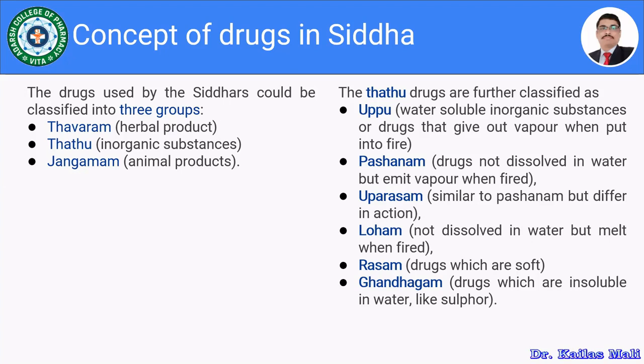So Thavaram, the herbal products, are obtained from various herbal sources, and it is possible to use them in the Siddha system of medicine. Then Dhatu drugs, the inorganic substances, are further classified as Uppu, Pashanam, Uparasam, Loham, Rasam, and Gandhagam.